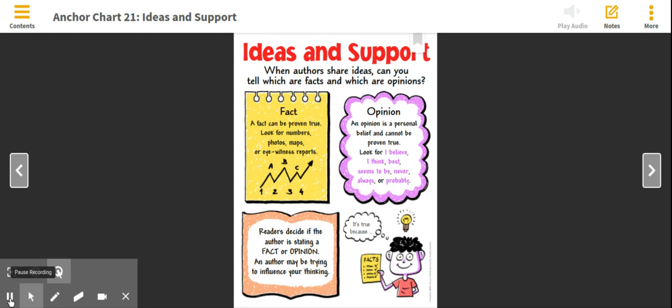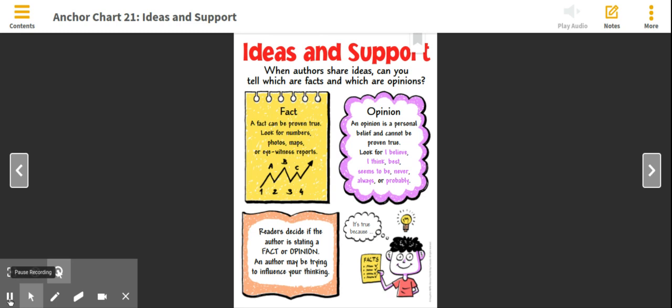When we think about an author's writing, many times we want to determine if what they're writing about is a fact or if it is an opinion. A lot of times there are clue words that will help us determine this. If we look back to the anchor chart on the opinion side, which is on the right side, we look for words or clues.